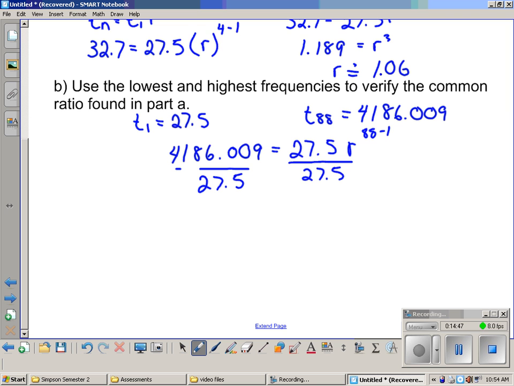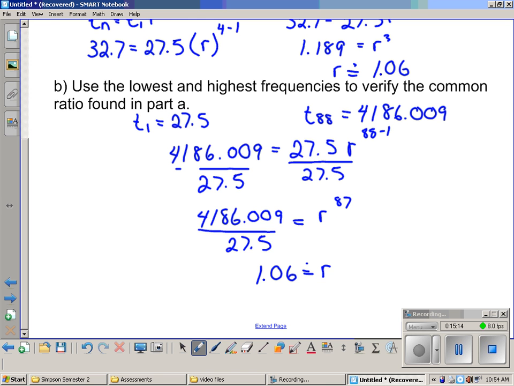So I end up with 4,186.009 divided by 27.5 being equal to R to the power of 87. Your calculator will be able to assist you in calculating this. You can do the 87th root of this side, and we end up with 1.06 is approximately equal to R.